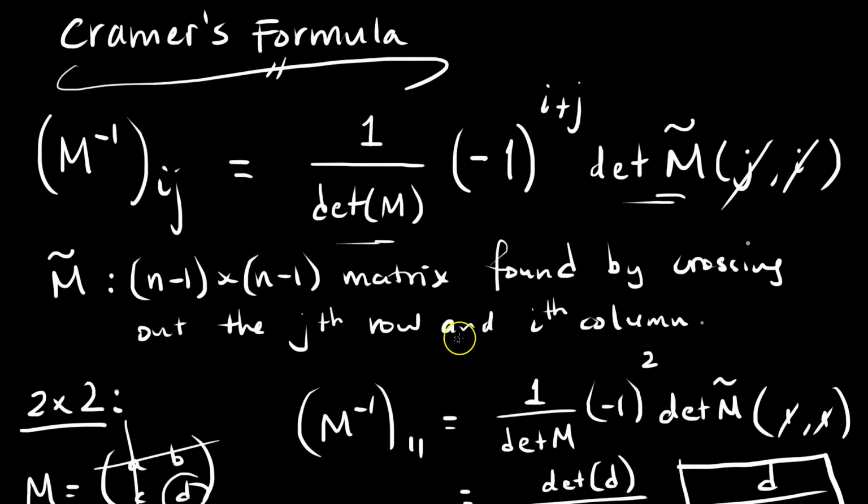It's crazy if you think about it. Inverse elements are nothing more than determinants of lower dimensional matrices with appropriate coefficients. The inverse is just the ratio of determinants. That's all it is. And that's the profound insight that I want to share with you guys in this deep dive.